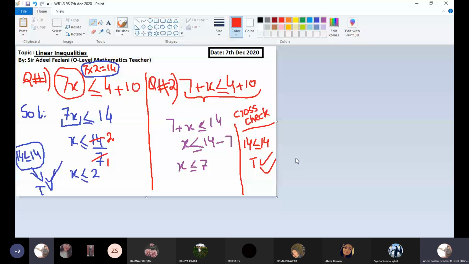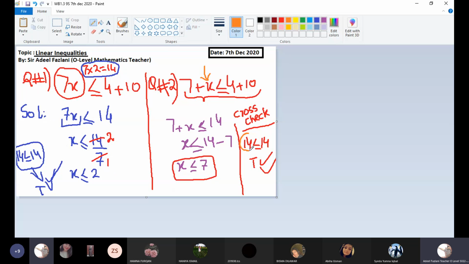Yes, sure. What I'm saying, just substitute the value of x. The value of x is less than or equals to 7. Plug in the value in the place of x, which is going to be 7. 7 plus 7 gives you 14.